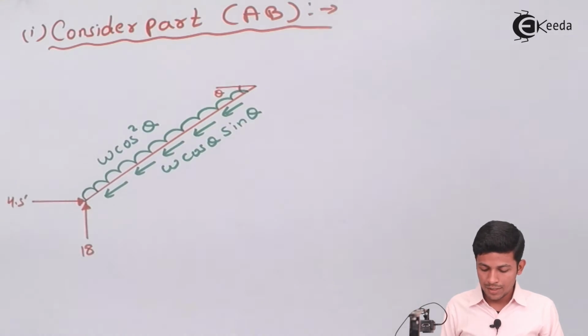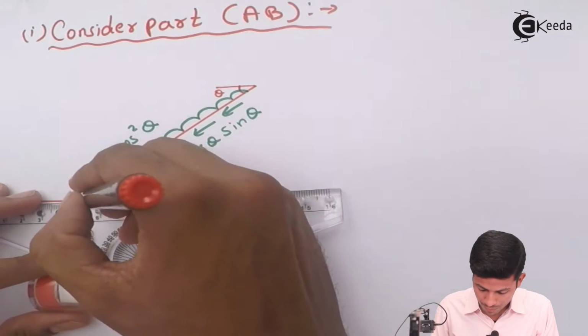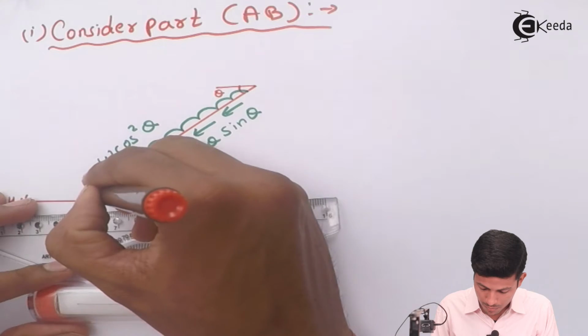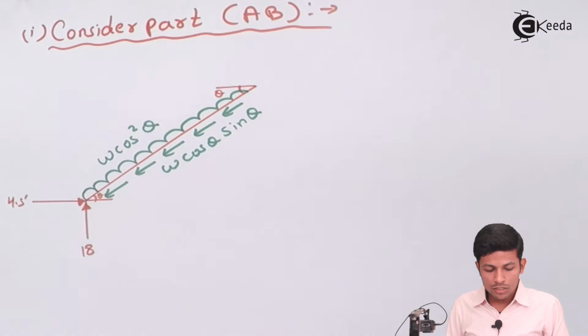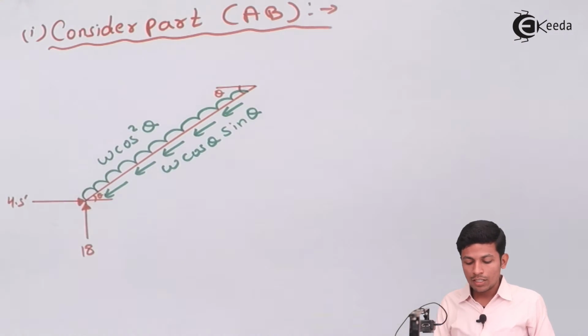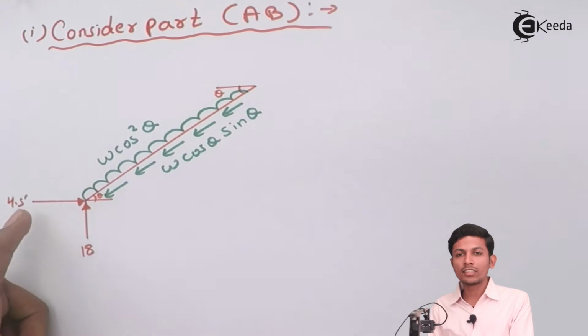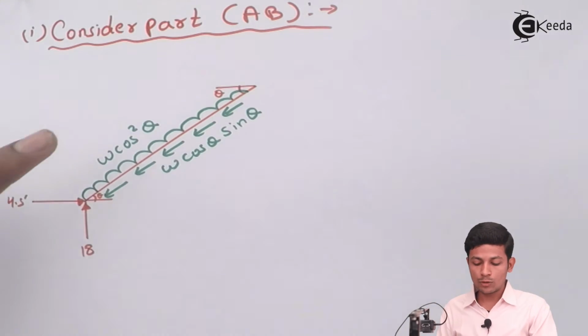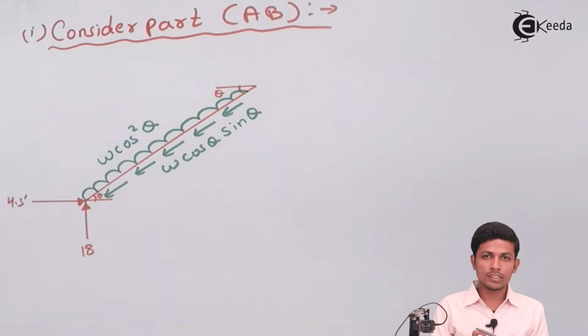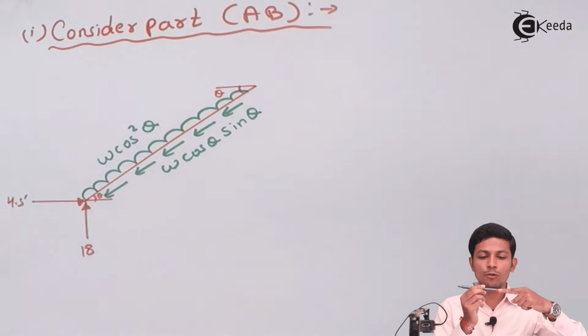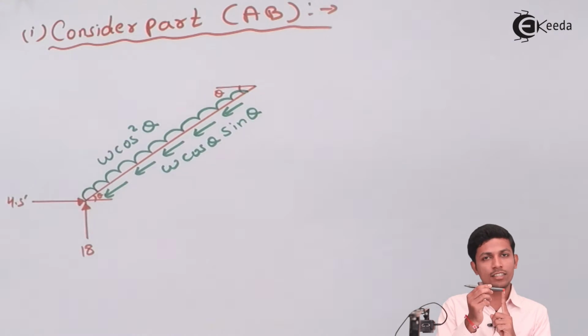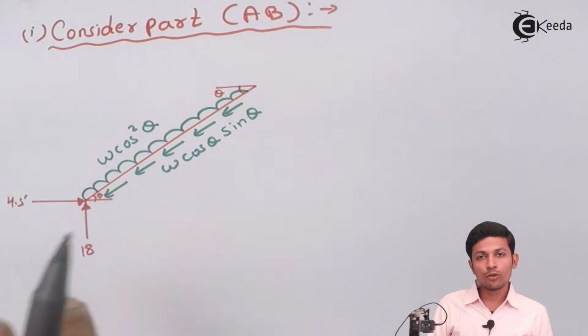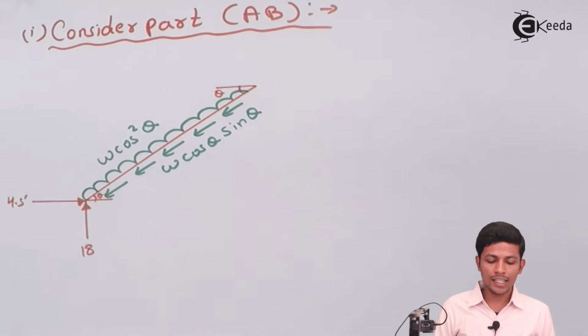For this type of problem, we don't want this direction, we want it with respect to the beam. For example, this is our beam, and we want the axial force like this and the vertical force like this. So we have to resolve the load in terms of sin theta and cos theta.